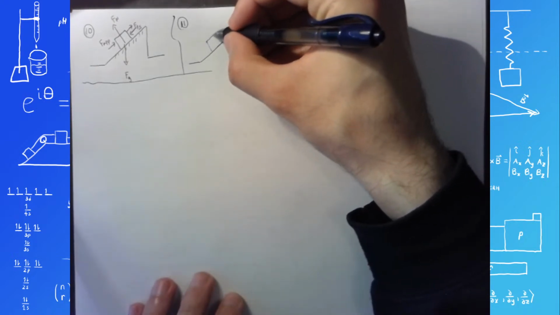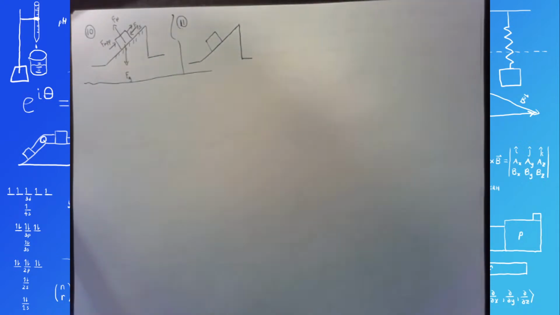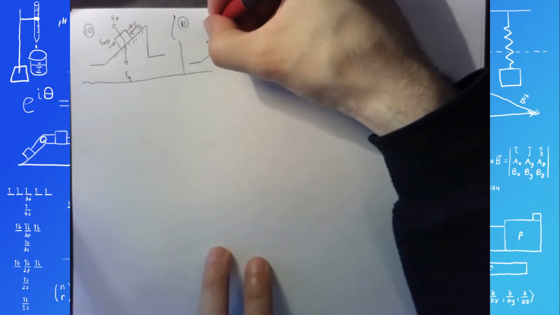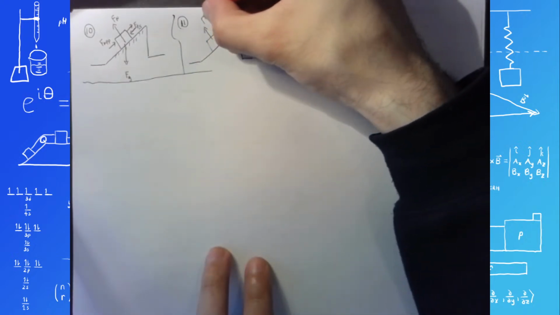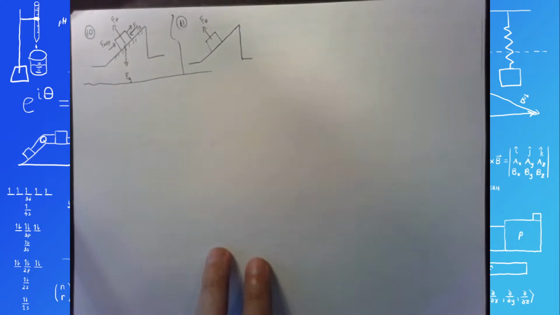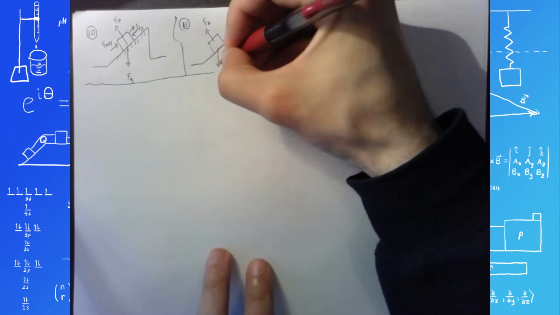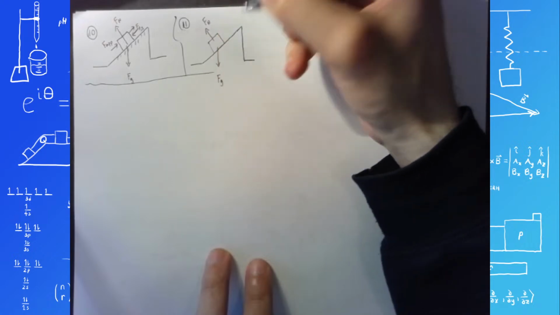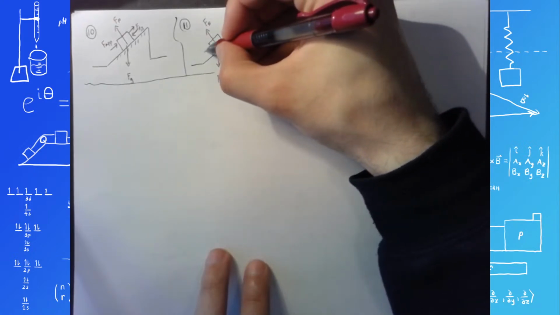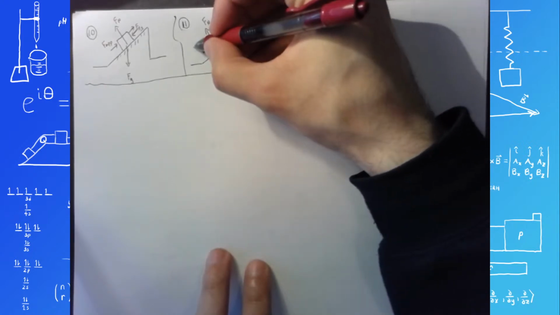Okay, block. And forces are normal force, force of gravity straight down, applied force up the ramp.